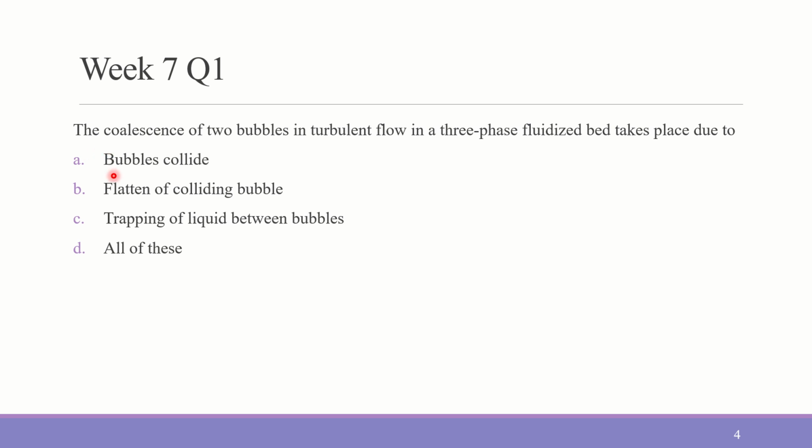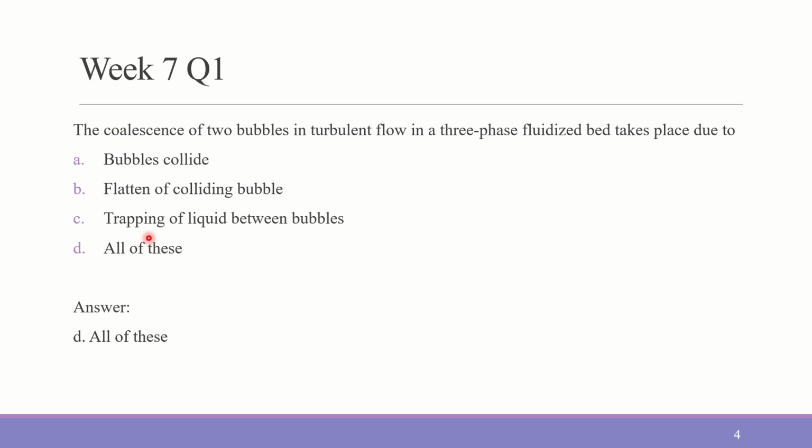So the answer to this is all of these. Why? Because first they collide, and next the surface between the two colliding bubbles flattens, and they trap liquid between the bubbles. So the right answer is all of these. Option D is the right answer. Now I hope it is clear.